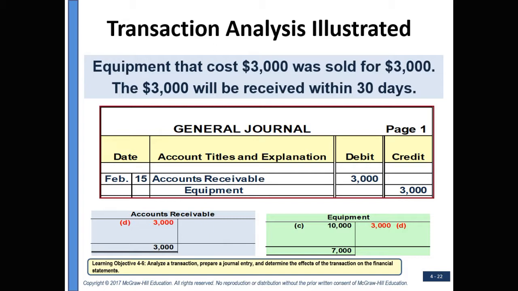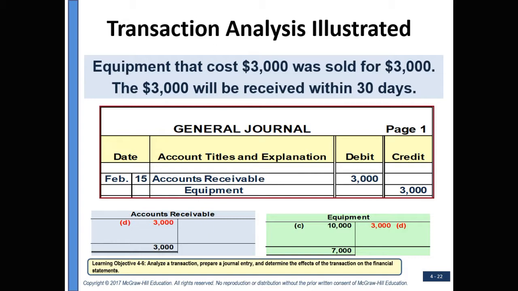We start the general journal entry with the date recorded in the date column. Then in the account title and explanation, or the description column, we recognize the accounts that are going to be impacted. Debits first, followed by credits. We then post the corresponding amounts in the correct columns, increasing accounts receivable, because it will be received in 30 days, by $3,000 in a debit.